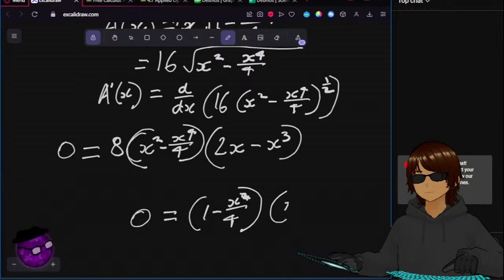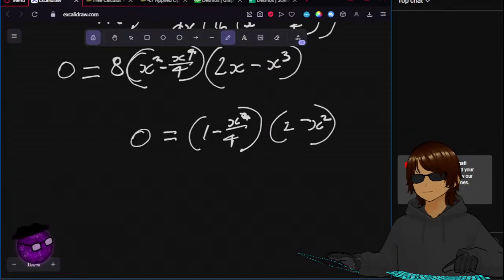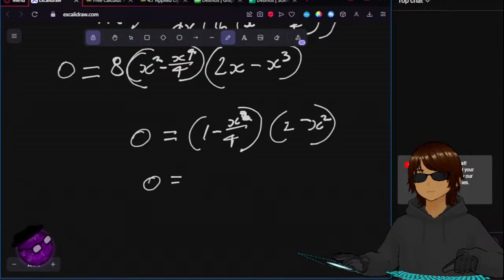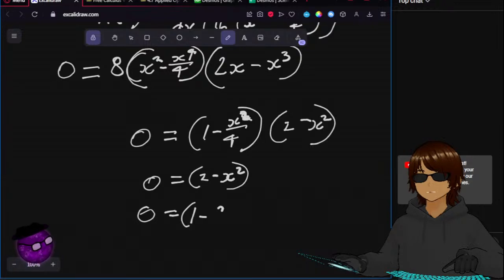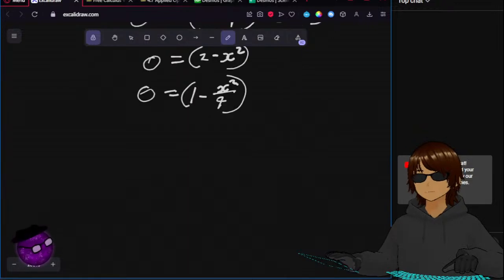We can reduce the number of x. We need 0 is equal to this, that means x is equal to 2.